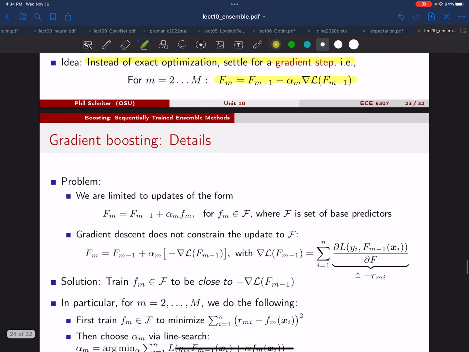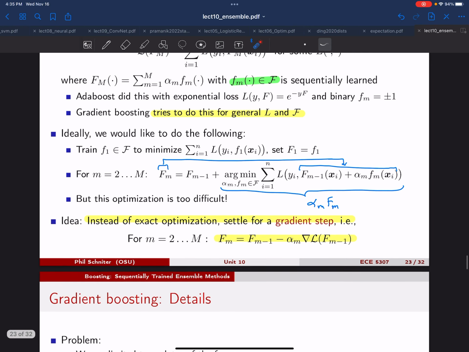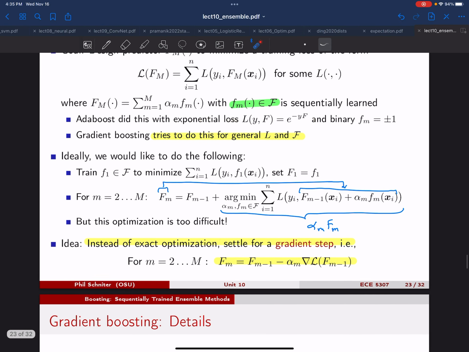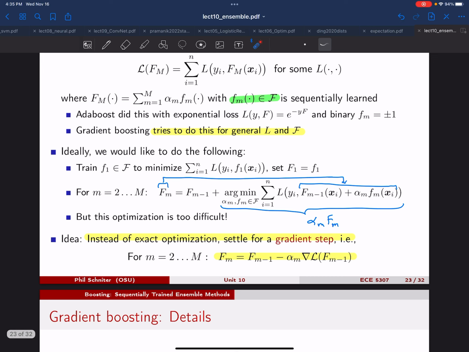But we have another problem to deal with. Remember that we need our base classifiers, or base predictors, to be of a particular type. Maybe they're like decision stumps or something like that. And when you look at what's happening with this form of update, this is sort of the form we want.